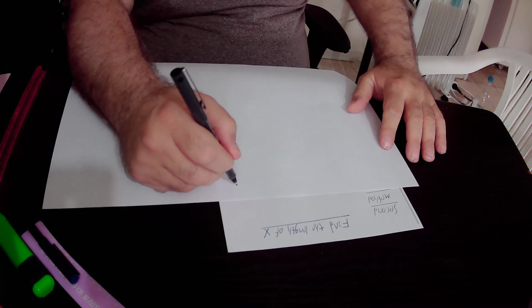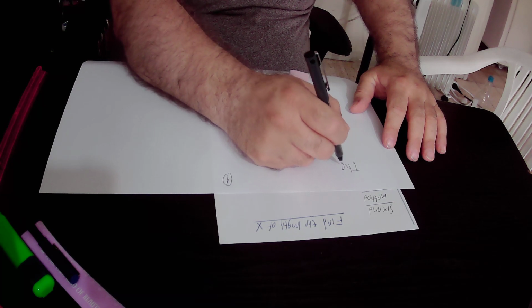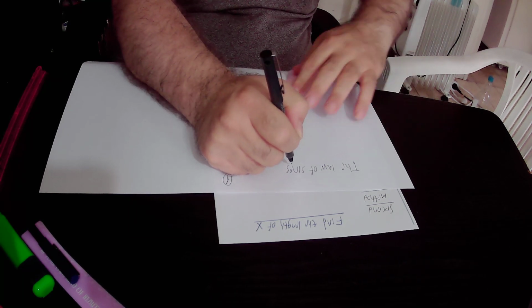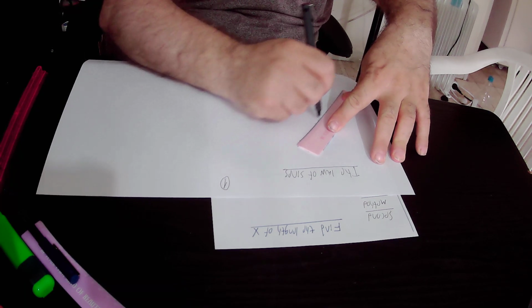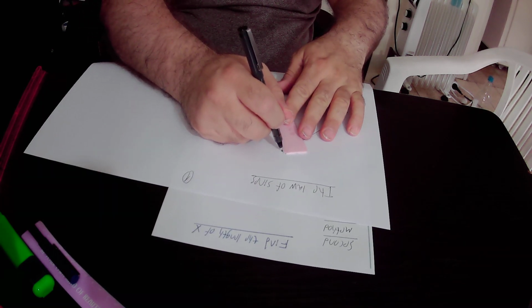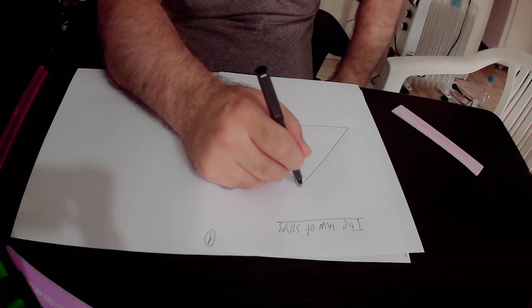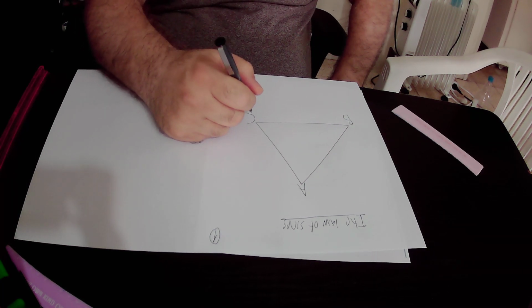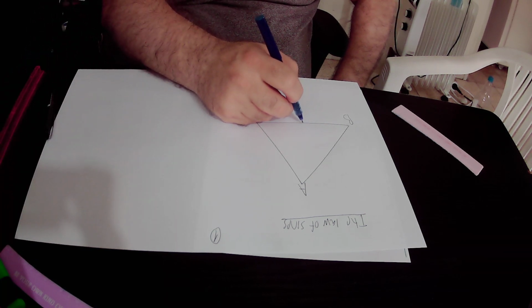If we have triangle ABC, that could be any triangle. The length of side BC equals A units.